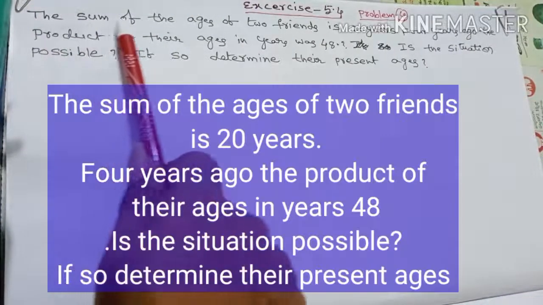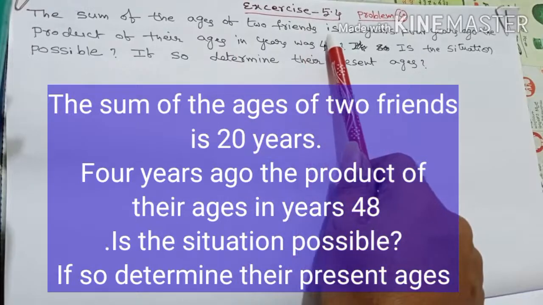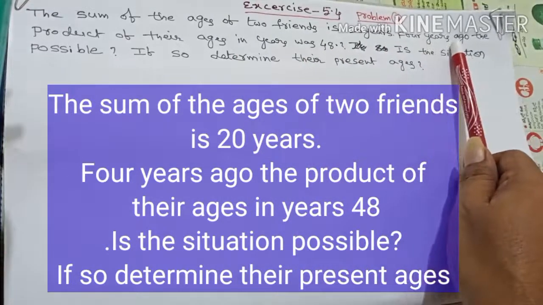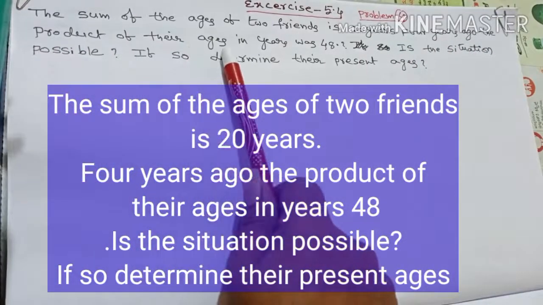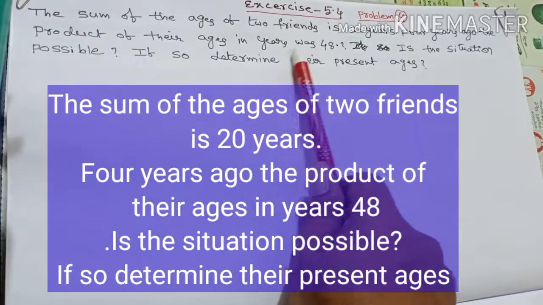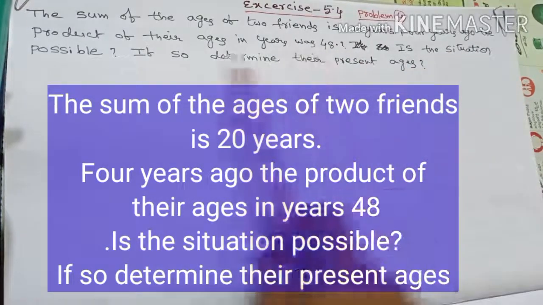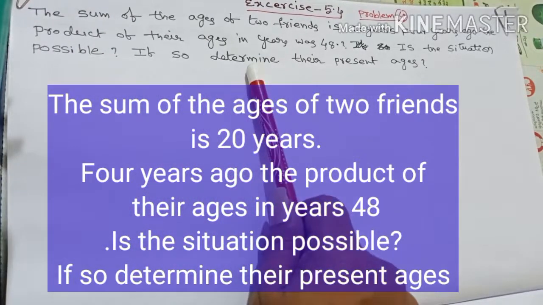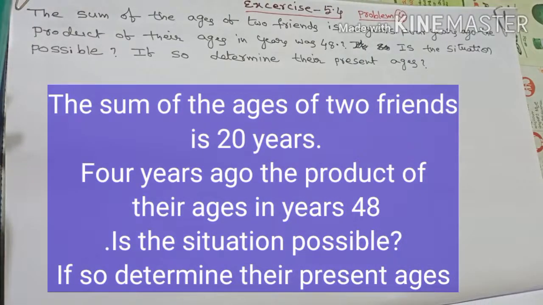The sum of the ages of two friends is 20 years. 4 years ago, the product of their ages in years was 48. Is the situation possible? If so, determine their present ages. So, this is the question.